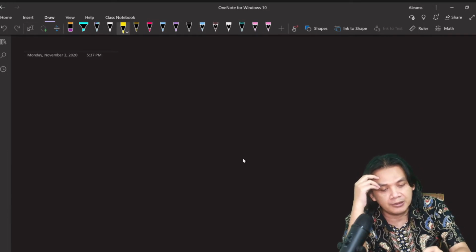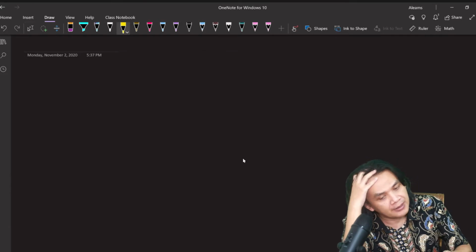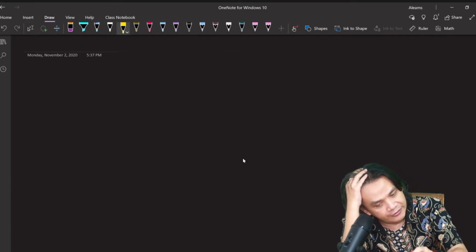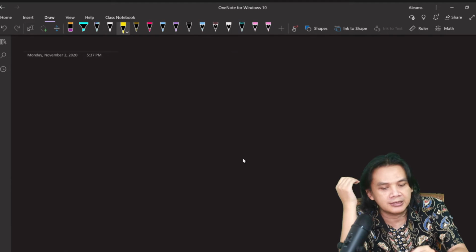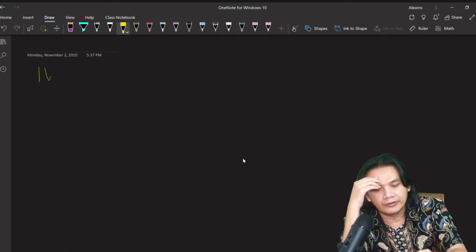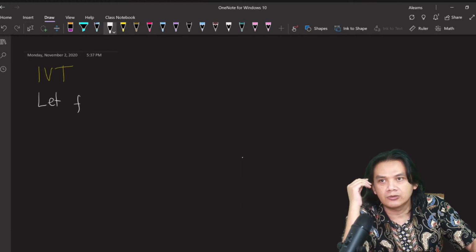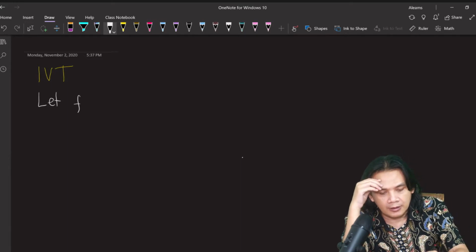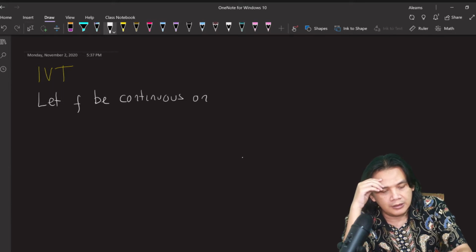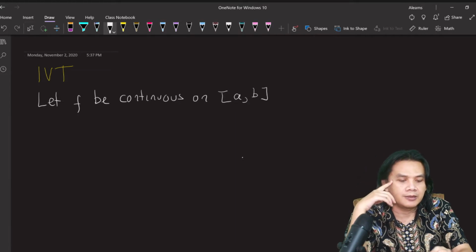And I'm thinking that I managed to find a slightly simpler proof. So let's first write down the statement of the intermediate value theorem. IVT says: let f be continuous on the closed interval [a, b].